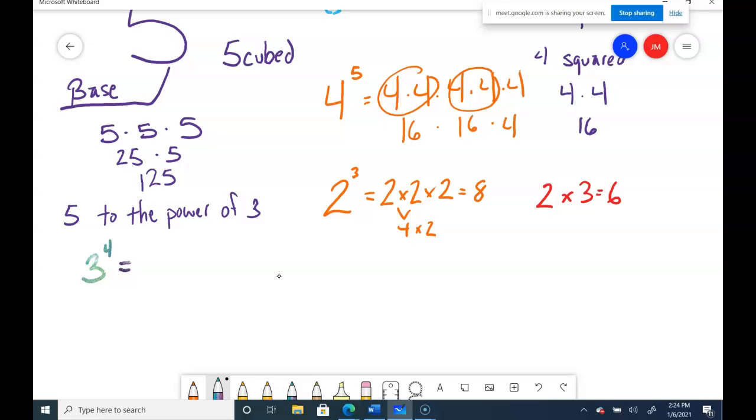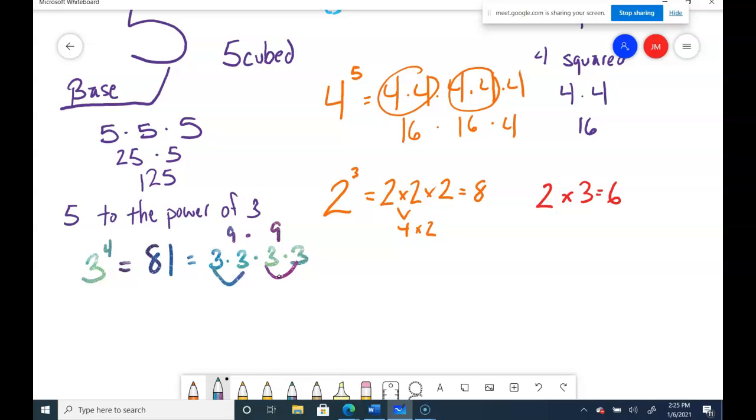I think it's 81. It's 81. 3 times 3 times 3 times 3, and we group those, so we get 9 times 9, which is 81.